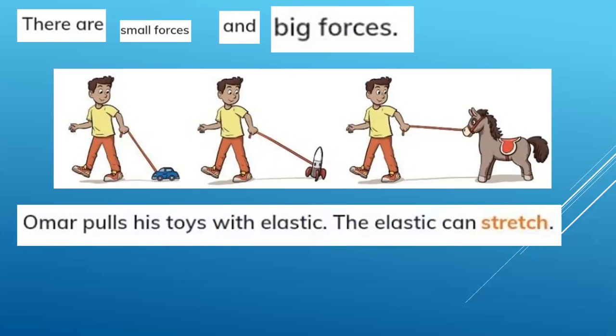You can see Umar. What is Umar doing? Umar is pulling his toys. In these three pictures, you can see which force he is using.